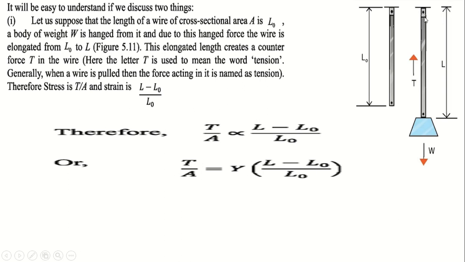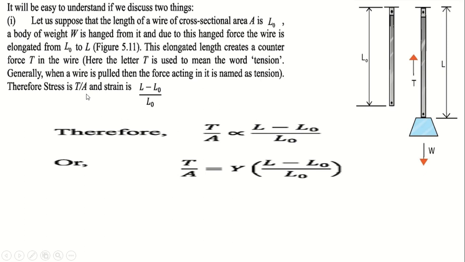When the string is stressed by hanging a weight on it, force is applied and a displacement is occurring. That means work is done, and that work will be stored as potential energy in the string. For that potential energy, a counter force is created, and that counter force acts per unit cross-sectional area of the string, and that is known as stress.